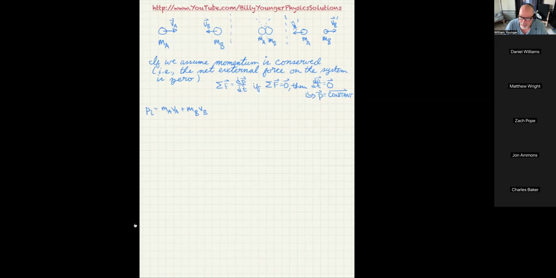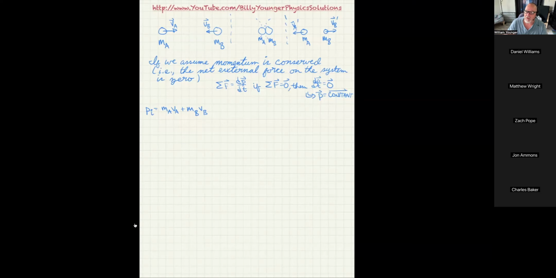So ultimately, some of them are positive and some of them are negative. And the positives will indicate they're going in one direction, and the negatives will indicate they're going the opposite direction. And it really just depends on which you choose to be. So, what this tells us, the initial momentum being MAVA plus MBVB, that tells us that the system is mass MA and mass MB combined.